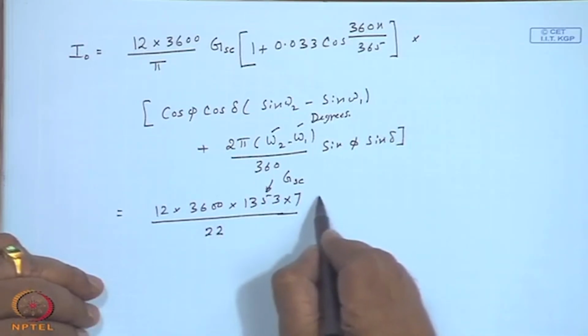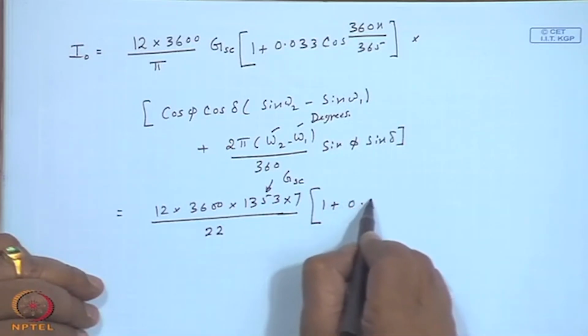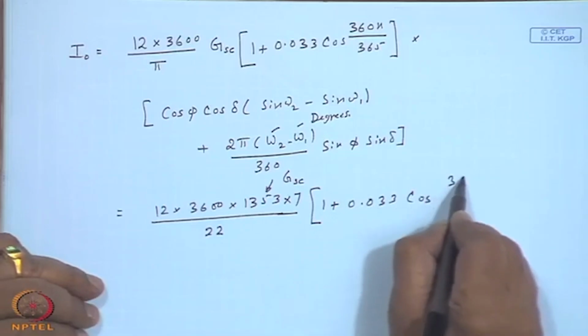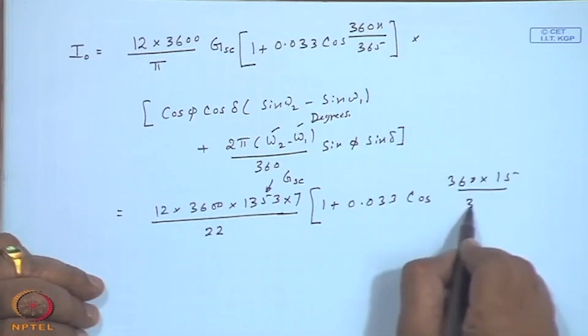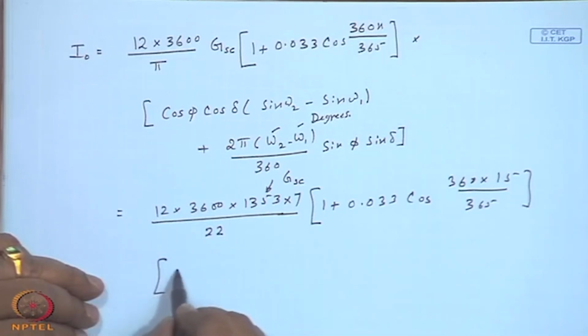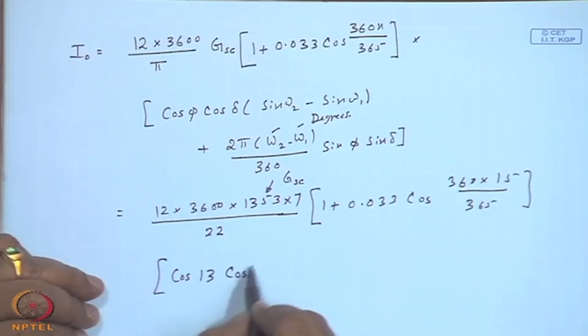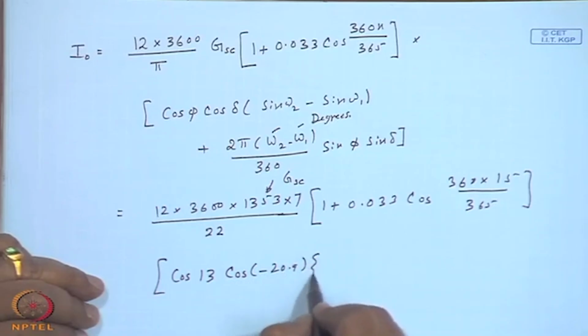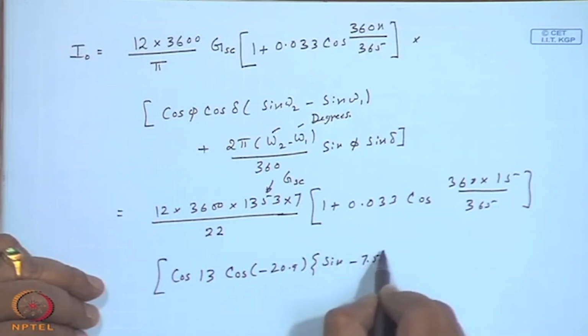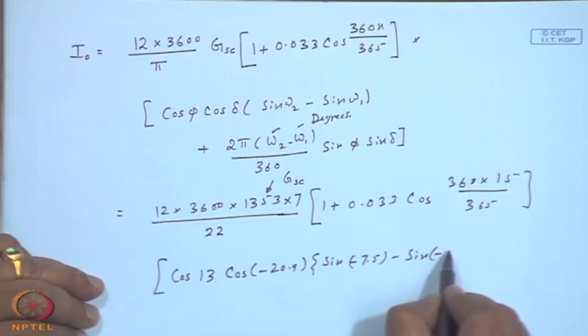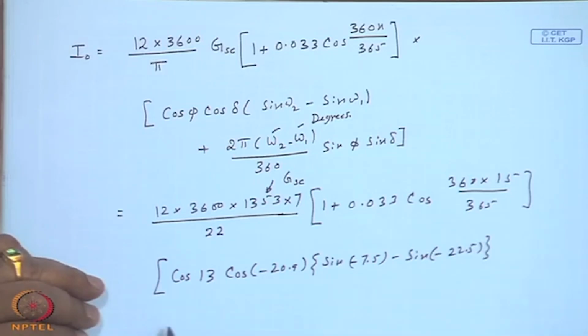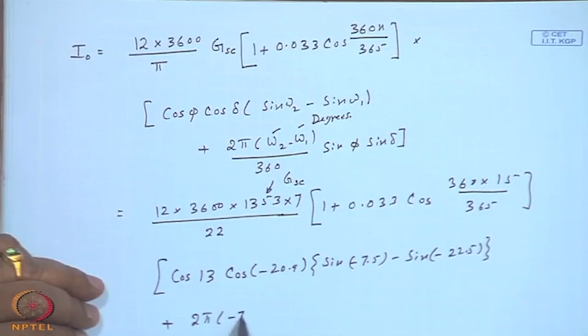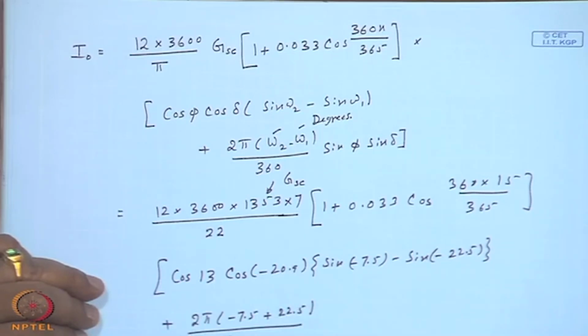So, it goes to the numerator, multiplied by 1 plus 0.033 cos of 360 into n, which is 15, by 365, times cosine phi cos delta times sin omega 2 minus sin omega 1 plus 2 pi into omega 2 minus omega 1, which becomes plus 22.5, by 360 times sin phi times sin delta. Okay.